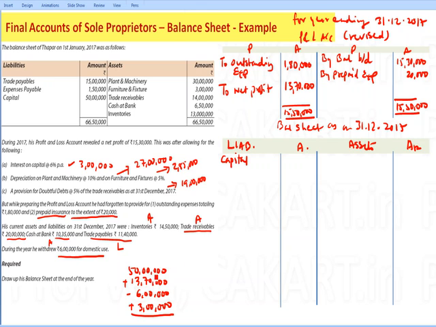So 50 lakhs plus 1370 plus 3 minus 6. Overall, we can quickly do it. This one is 6370 and minus 3 it has to be basically, so 6070. As simple as that? Yes. So capital will be 60 lakh 70,000. And we should know that we have to add net profit, subtract drawings, and add interest on capital. That's it. We know that.